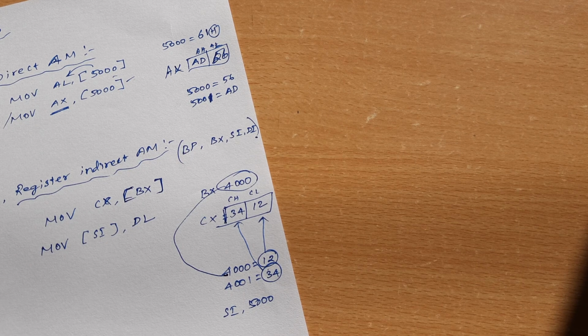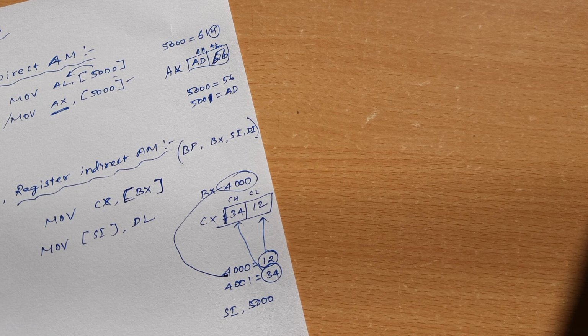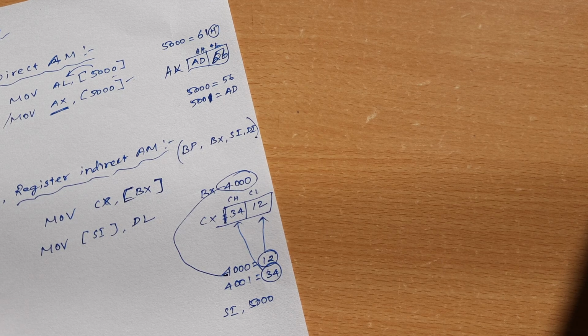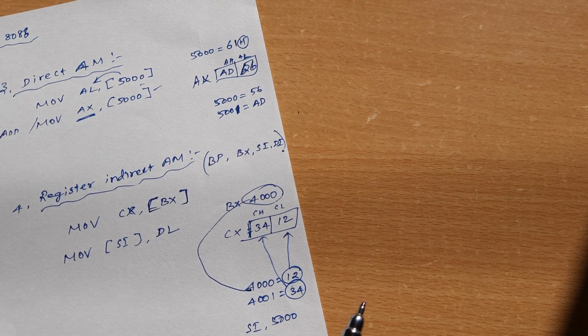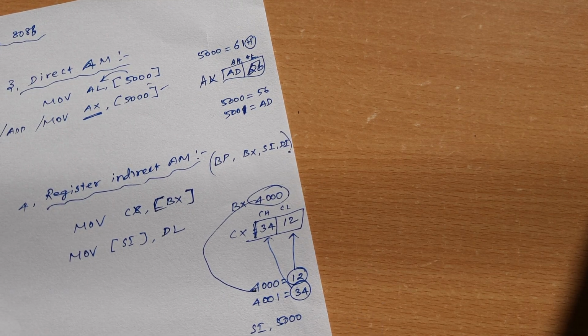Any number, because all these addresses are available, and if you are using the trainer kit, then you should know how much memory location they have used as EEPROM, electrically erasable programmable read-only memory. So that we cannot use. So beyond that, we can use the remaining memory location. So we can use any number provided you know that EEPROM segment.